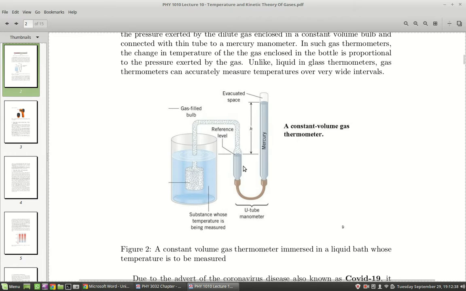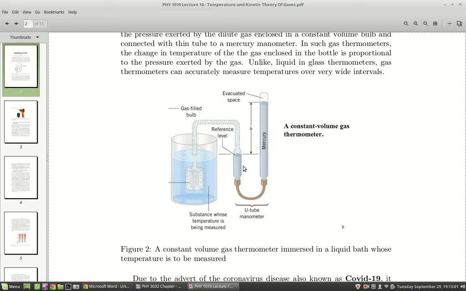Then if you want to measure the temperature with a gas thermometer, you submerge the tube which contains the gas in the particular environment, whether it is a liquid whose temperature you want to measure. Okay? Now, again, this one also needs calibration.